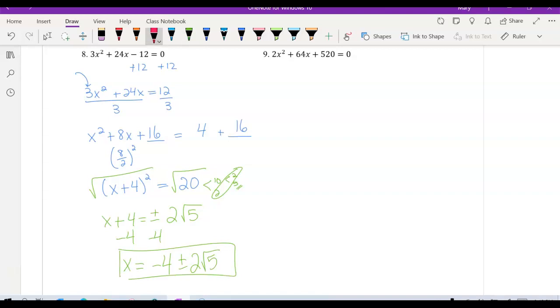Lastly, for number 9, we're going to subtract 520 from both sides. We get 2x squared plus 64x equals negative 520. We divide both sides by your a value to get x squared plus 32x equals negative 260.